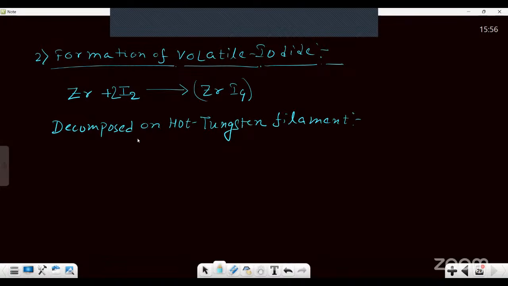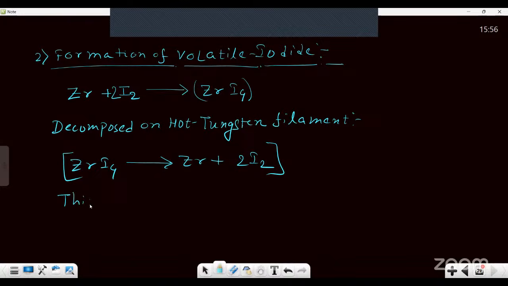At the hot tungsten filament, this ZrI4 gets decomposed to zirconium plus iodine, I2. So by this process, we get very pure zirconium.